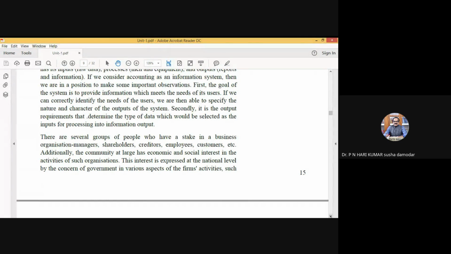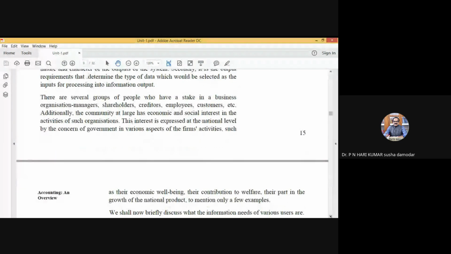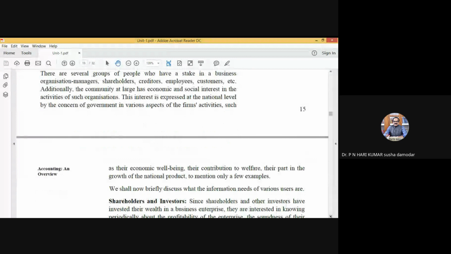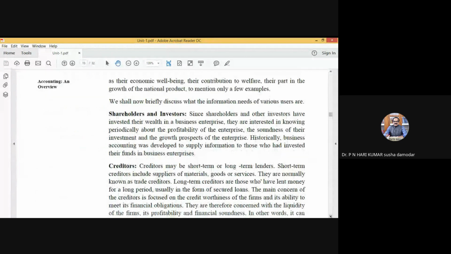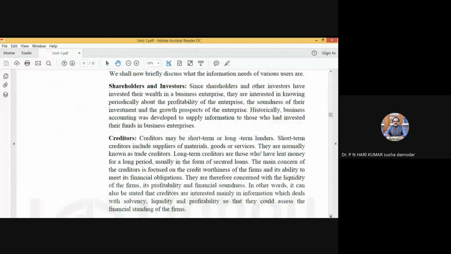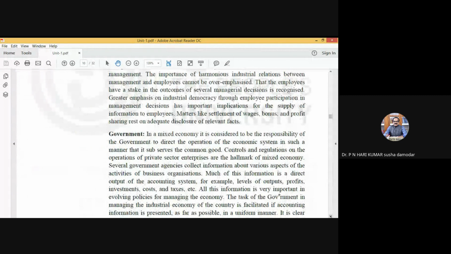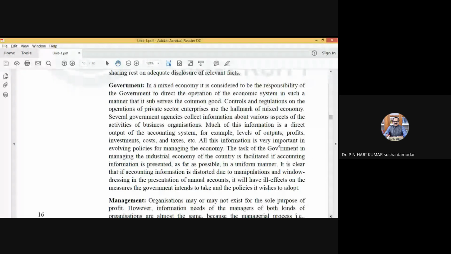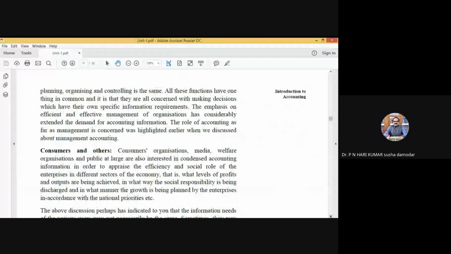And there will be an accounting system and its relevance. Shareholders and investors, creditors, then employees, government, management, consumers and others, that's the public.